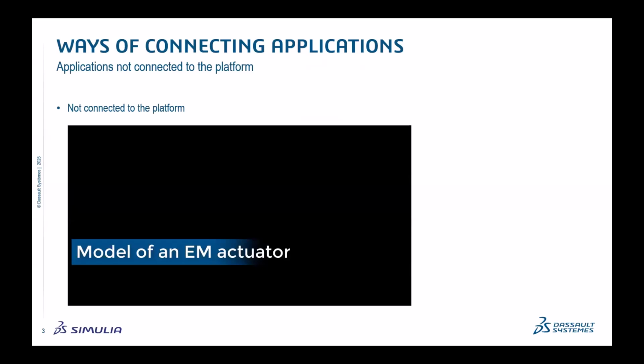So I wanted to show you first different ways of communicating with the platform. And as Alessandro already mentioned, the first reason why you would be using the platform is because if you do simulations, you need to load the model somehow and set up the analysis in one of the Simulia applications.